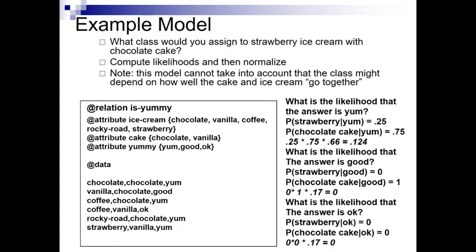So again, our likelihood is 0. So we're going to predict that our strawberry ice cream and chocolate cake is yum. But we don't feel very good about the fact that 2 of our conditional probabilities turned out to be 0, because at least in the case with good, chocolate cake being good, there was one very strong predictor.